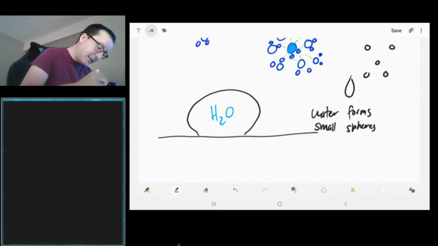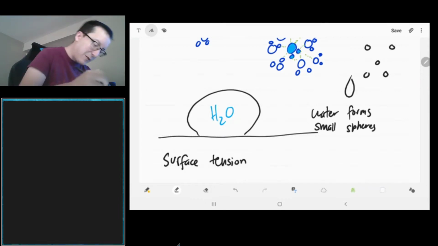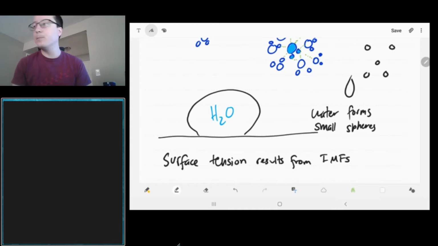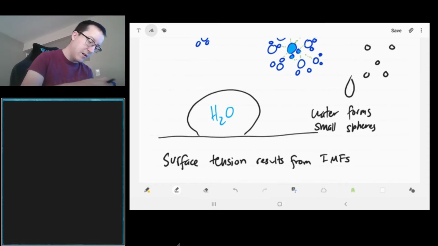And so this is going to be a result of intermolecular forces. And we're going to see that for any one of these properties we talk about today, the stronger your IMFs are, the stronger those properties are as well.